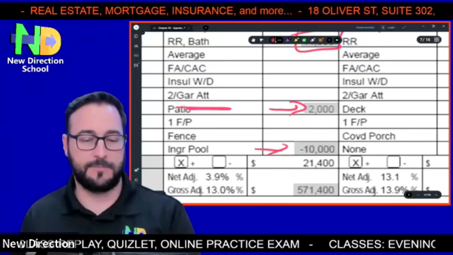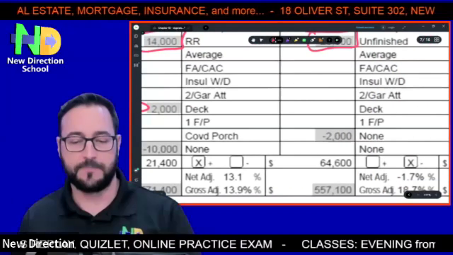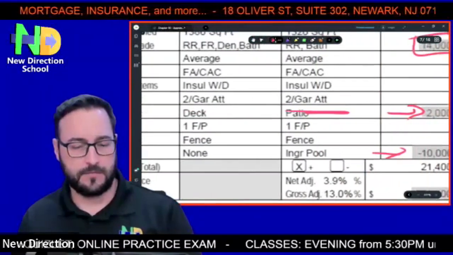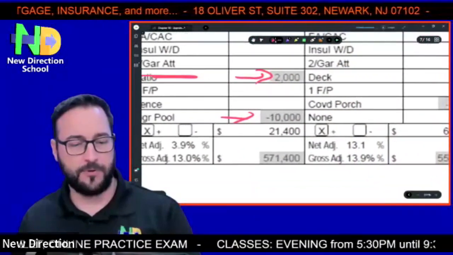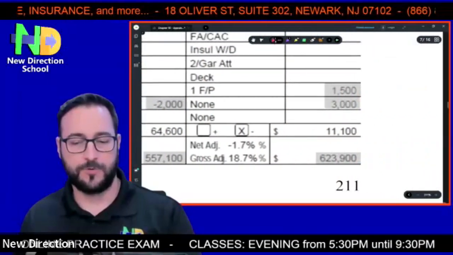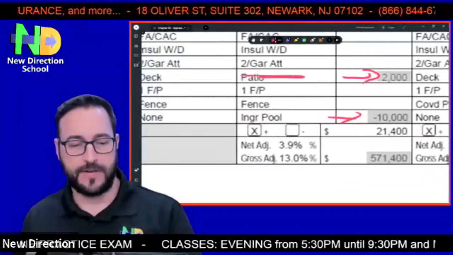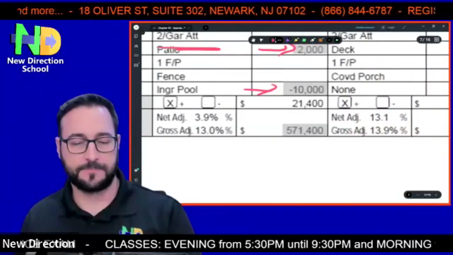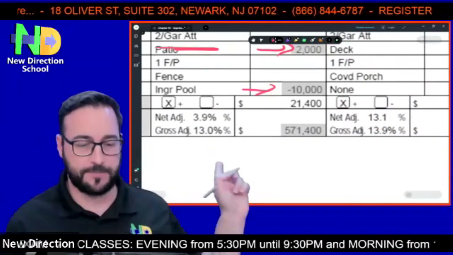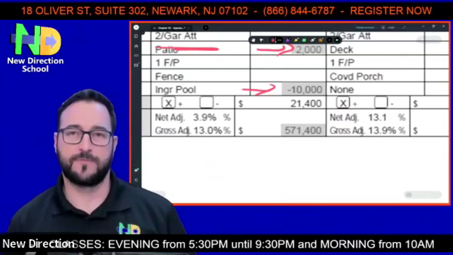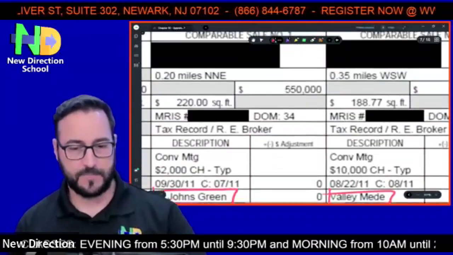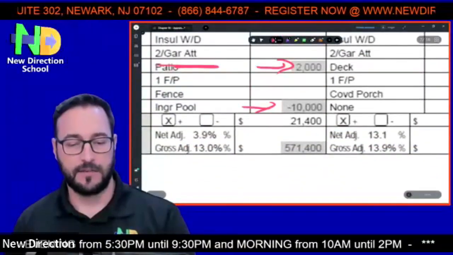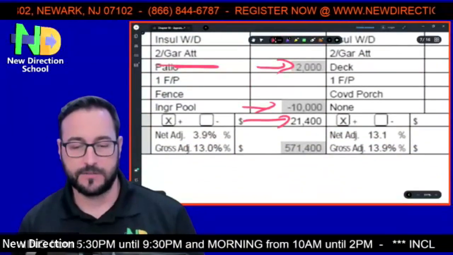So this one has the patio. There's an adjustment in value, right? We have an in-ground pool over here. There's no pool in these ones. So it changes value and so on. And then at the bottom, it says that to the value of this price, sold for $550, we added $21,000.